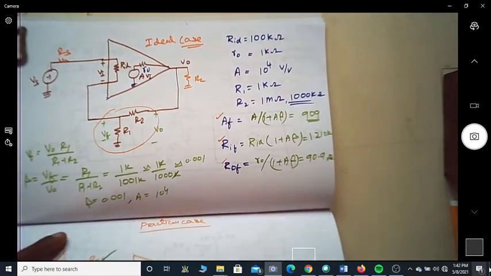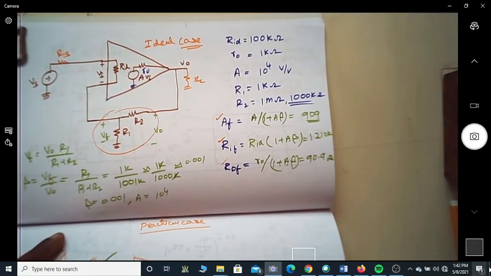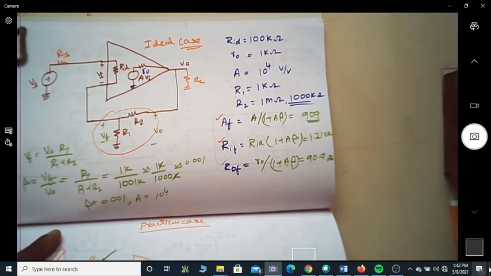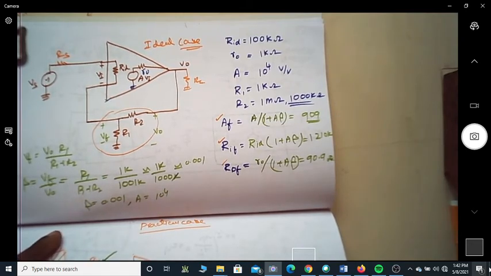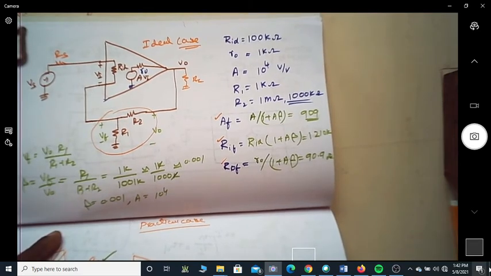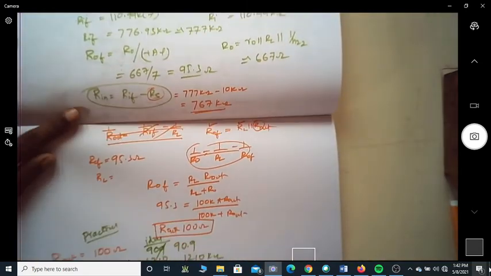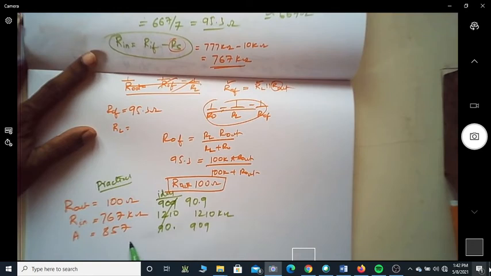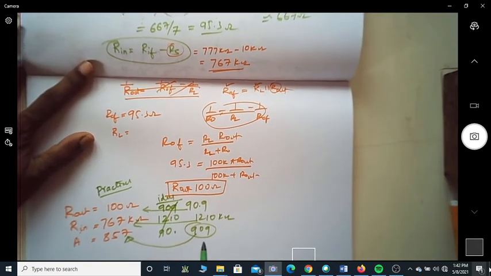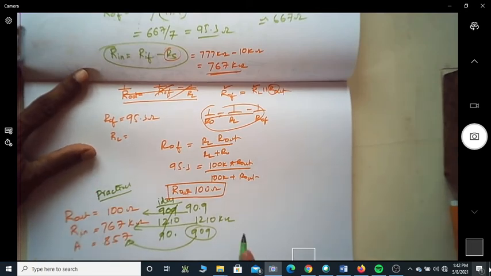So it was coming out to be 909, 1210, and 90.9. You can see these are the ideal values for comparison. From 909 it reduces to 857. From 1210 kilo ohms, it reduces to 767 kilo ohms. From 90.9, it increases. This means all the values deteriorate.